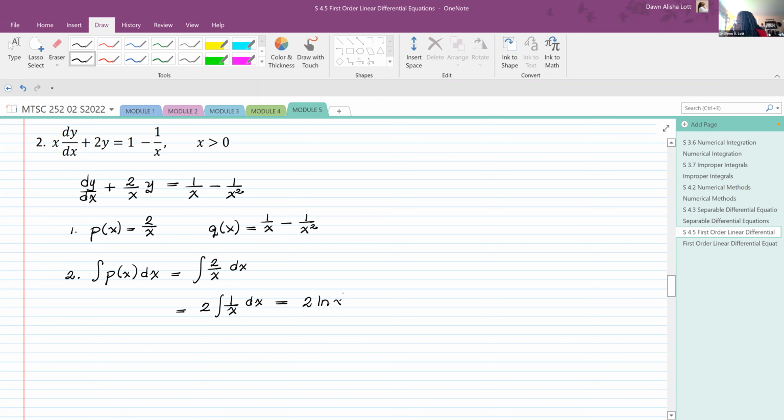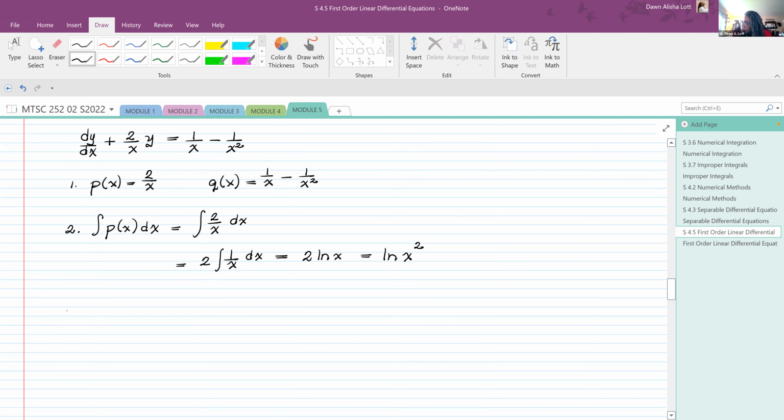Again, x is greater than 0, so we don't have to do anything. Now I can write that conveniently as the natural log of x squared using logarithm rules. Thank you, Prentice. Okay, now I know my v.